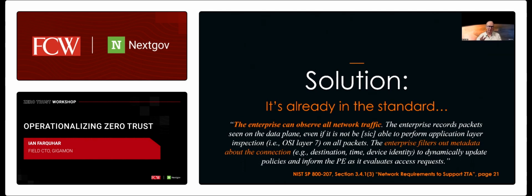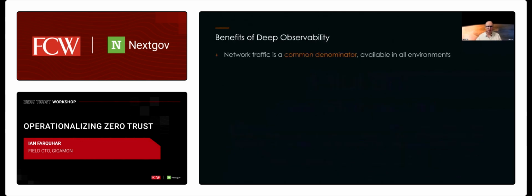Now, at this point, I want to talk about why this is so interesting, because a lot of people who do incident response and so forth, they very much focus on hosts and on workloads and on the cloud infrastructure, and the network is something that's worried about by other people. But the network has some fascinating properties that are very, very useful and very, very relevant to this discussion today.